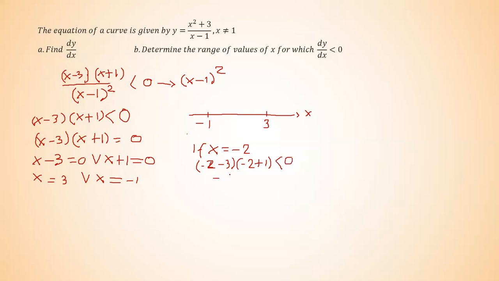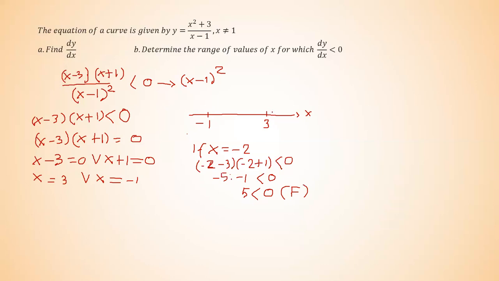This is negative 5 times negative 1, so 5 less than 0. Is it true or false? Of course, false. So the area at the left side of negative 1 is not included in the solutions area.